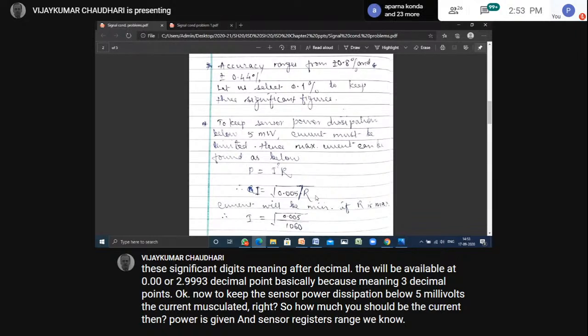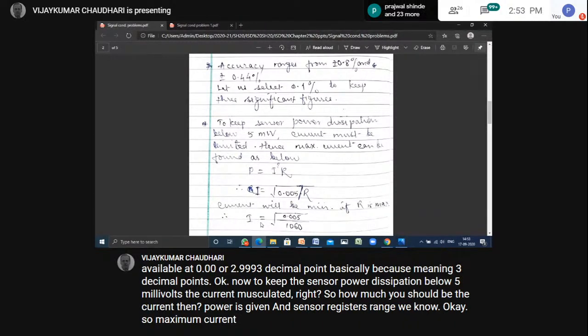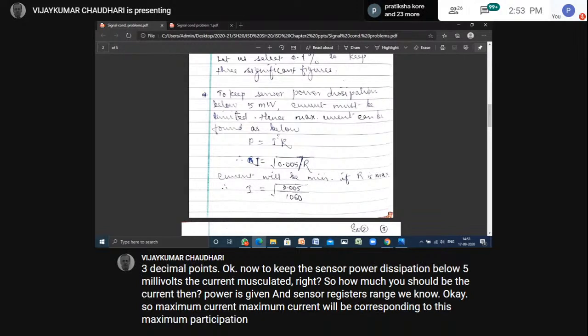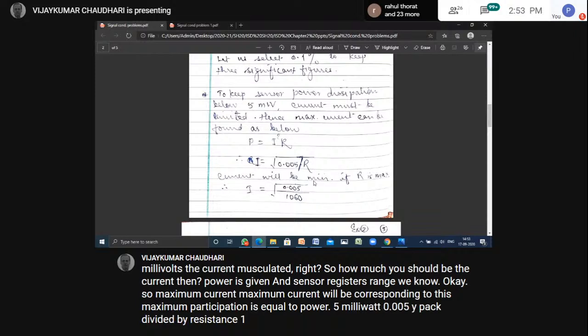So the maximum current corresponding to this maximum power dissipation is I equal to power 5 milliwatt, 0.005 watt, divided by resistance 1060. Current will be minimum if R is maximum. So current should be kept minimum.